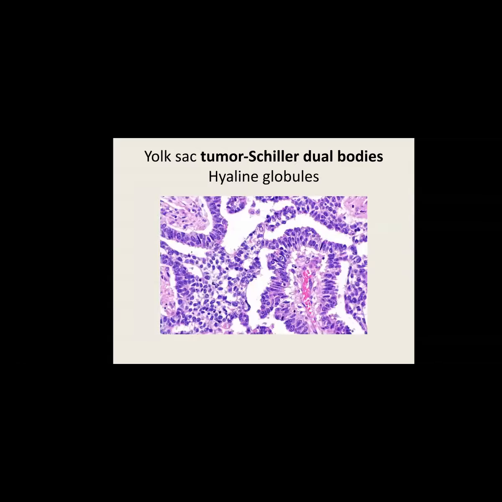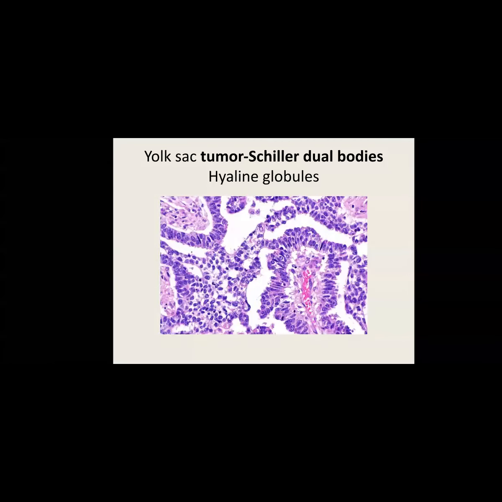Microscopically, typically in this yolk sac tumor, you have to search for the Schiller-Duval bodies and the hyaline globules. What are they? In the Schiller-Duval bodies, you can see a central vascular space surrounded by a single layer of tumor cells. Around that you can see an empty space, and again you find a layer of tumor cells.